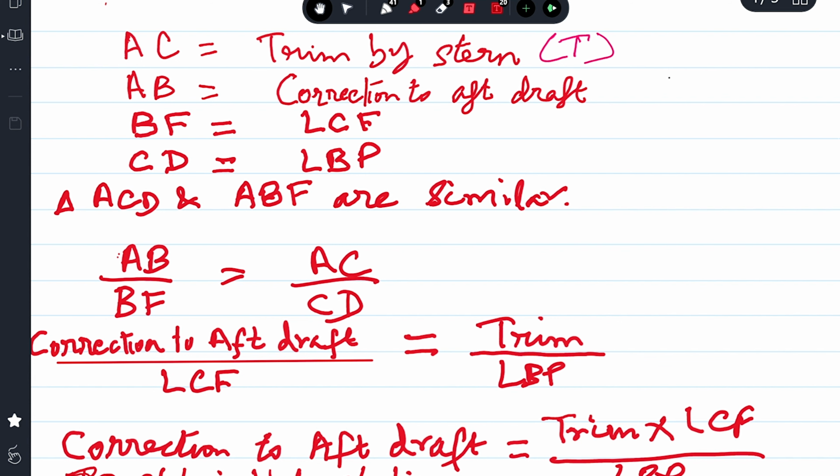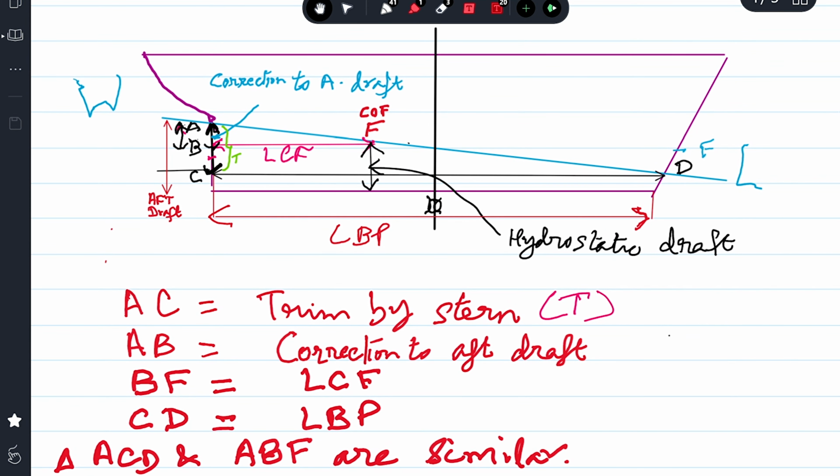And AB is what? Now here, you can see this AB. If from aft draft I subtract this correction AB, I will get my draft at center of flotation.